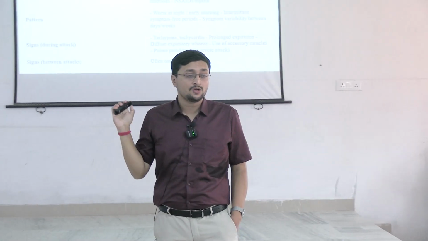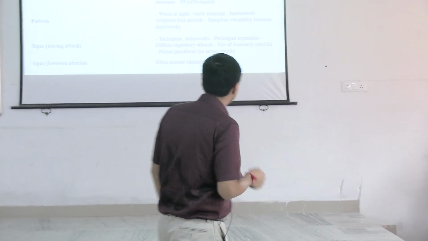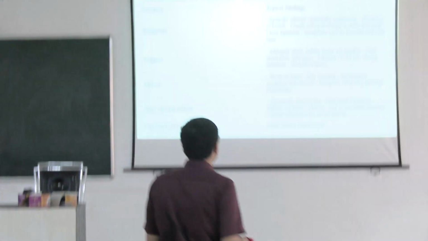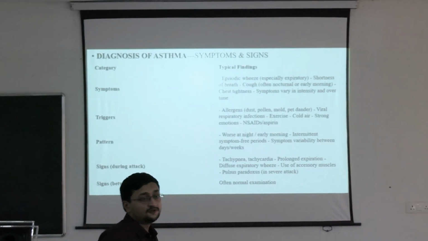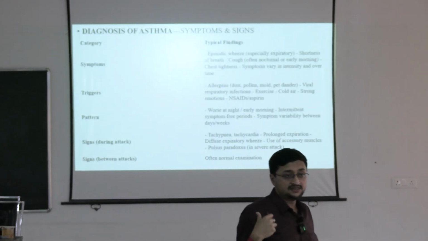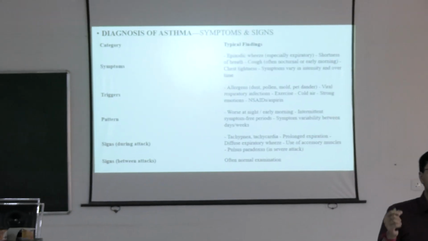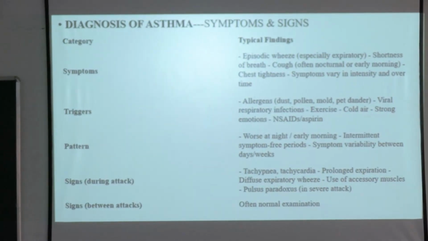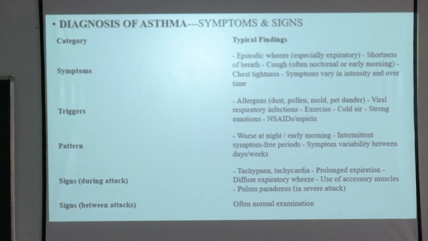And these are the common triggers. After exposure to the common triggers or allergen, the patient may develop wheezing, cough or shortness of breath. And the pattern is worse at night or early morning. So if any patient presents to you in your OPD with shortness of breath or cough, you have to ask about the pattern of the cough and shortness of breath.